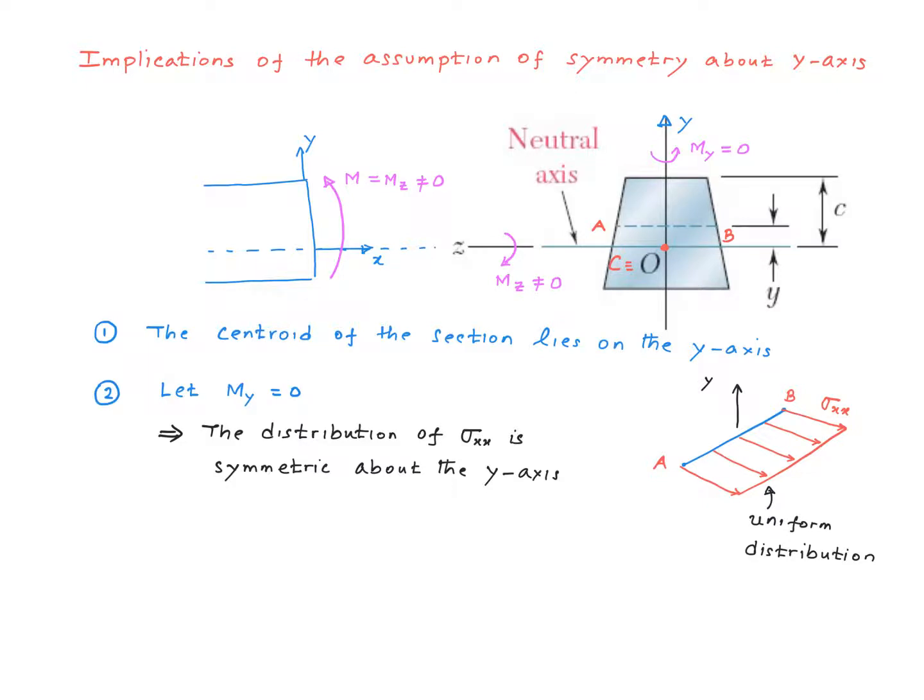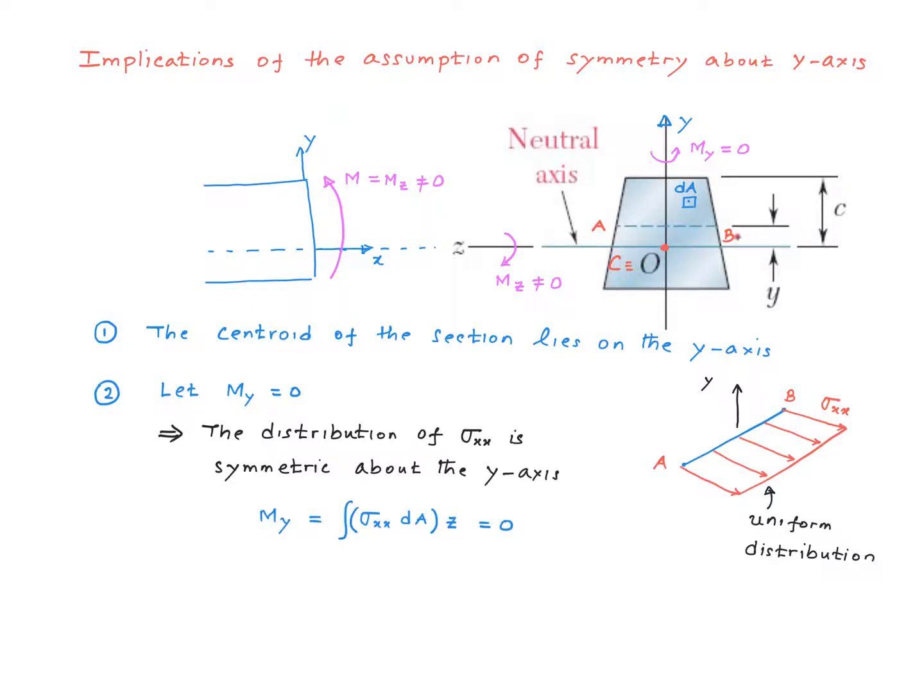What this means is that the normal stress sigma xx does not vary in this direction. This is the z direction. It doesn't vary. In other words, the distribution of sigma xx in the z direction is uniform. So that's what I'm showing here on a line from A to B. The normal stress varies in this direction, but not in this direction.